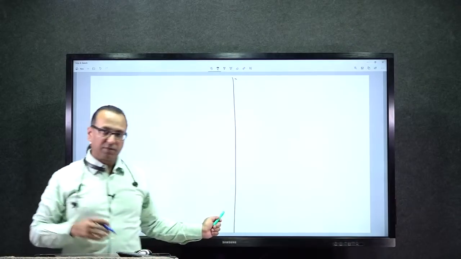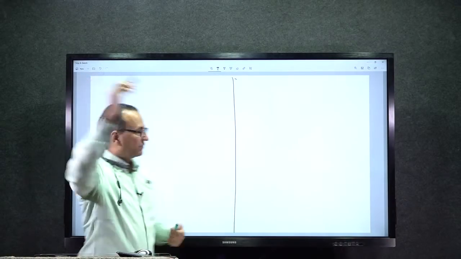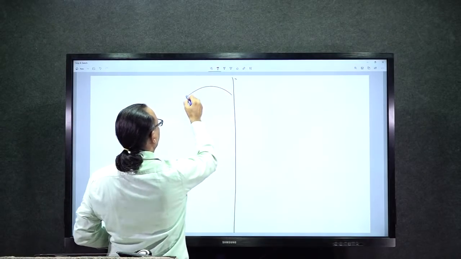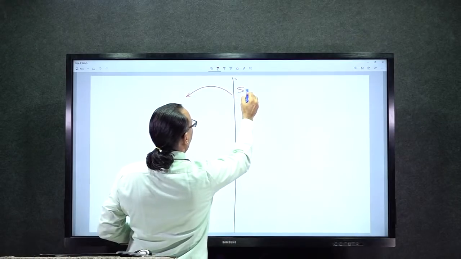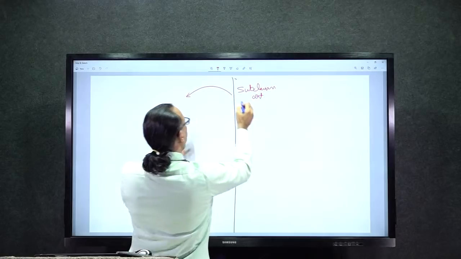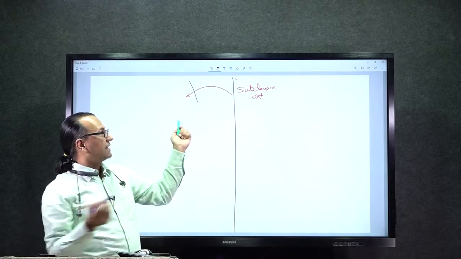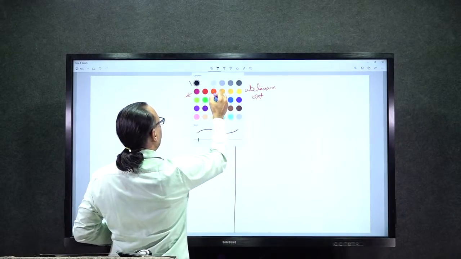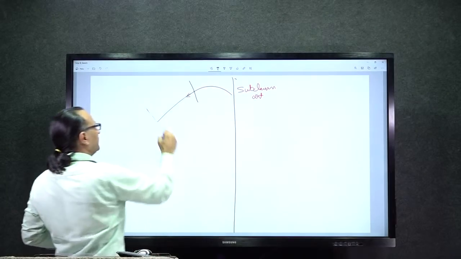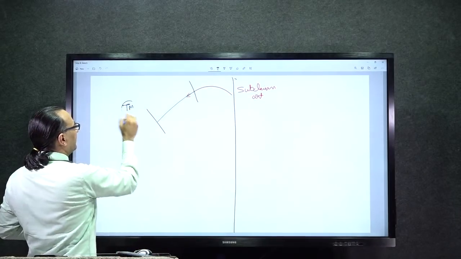Now if that is the midline of the body, let us focus upon the right-sided arterial tree. As we start, we know in the neck region there will be the subclavian artery, and as it crosses the outer border of the first rib to enter the axilla, it will become the axillary artery, and as it crosses the lower border of teres major, it will become the brachial artery.